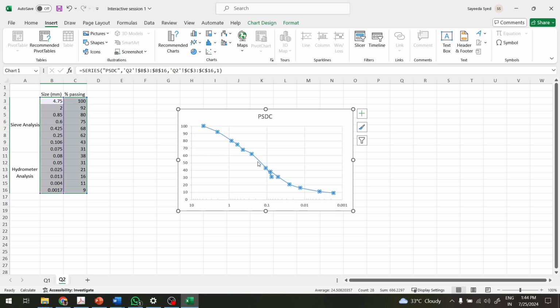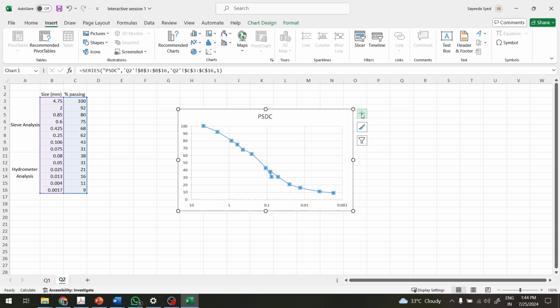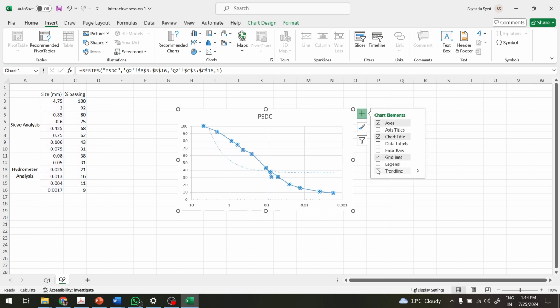And what we can do here is take a trend line.